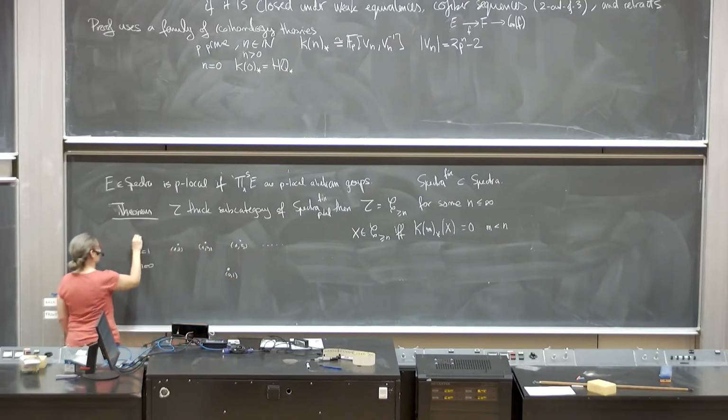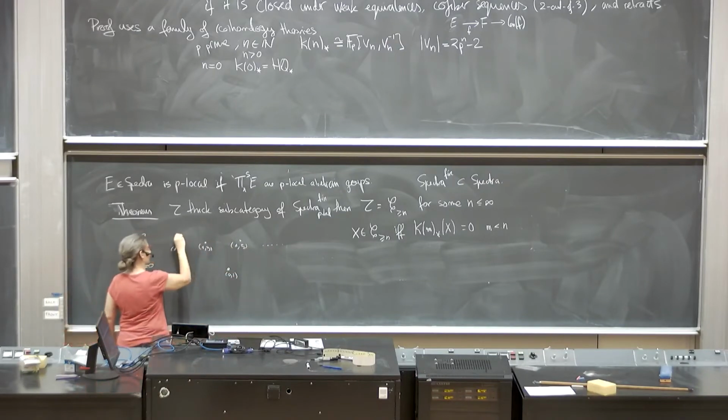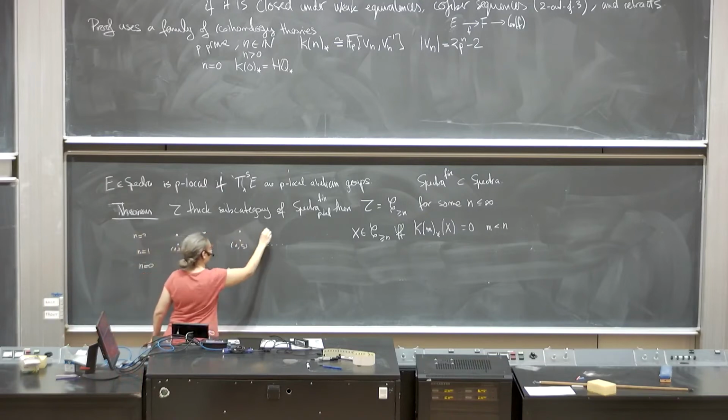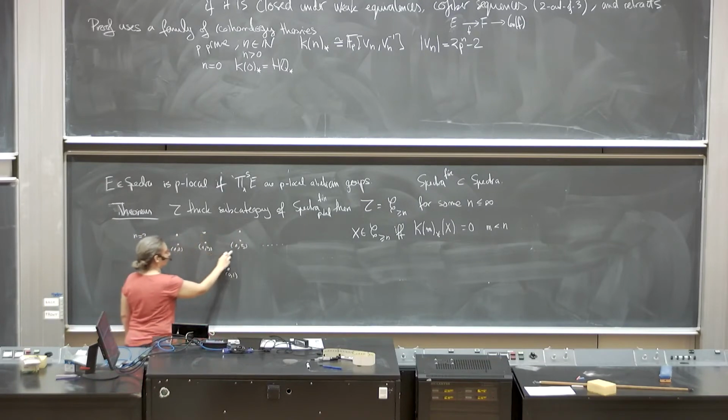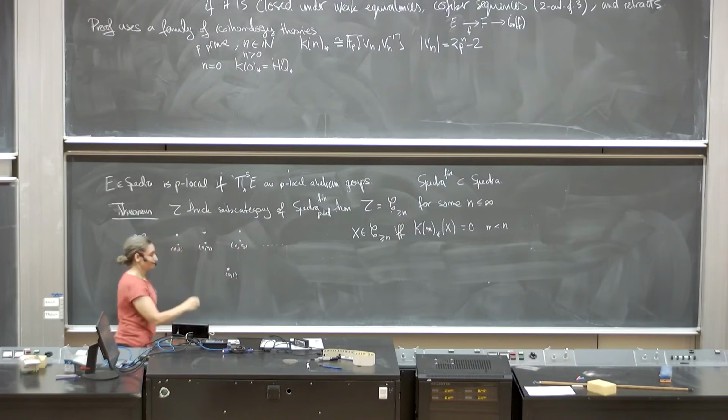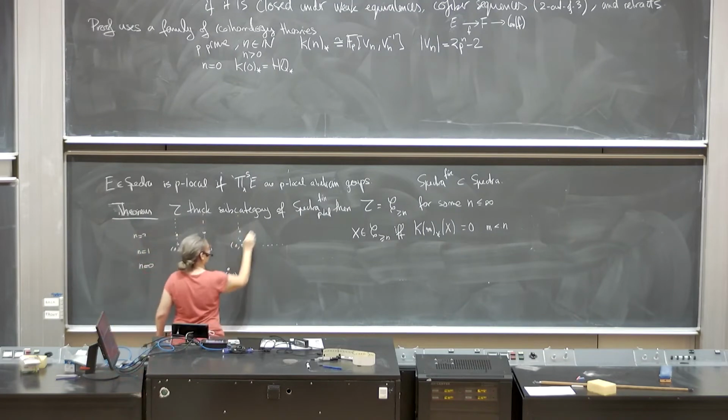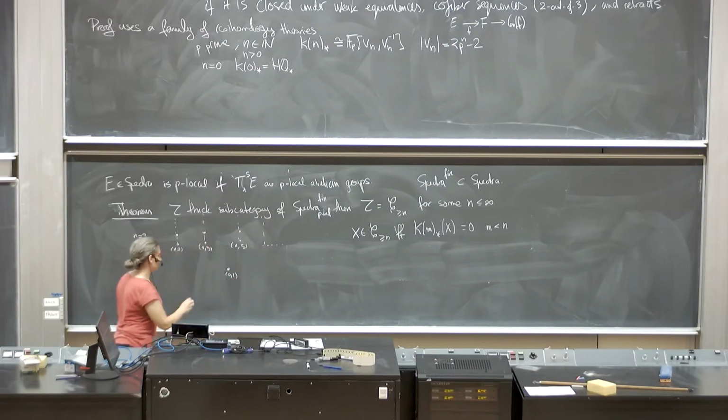And then for n equals 2, you have the same dots, but now it's (2, 2), (2, 3), (2, 5), etc. And then you have these columns going up here, and at the bottom you have rational cohomology.